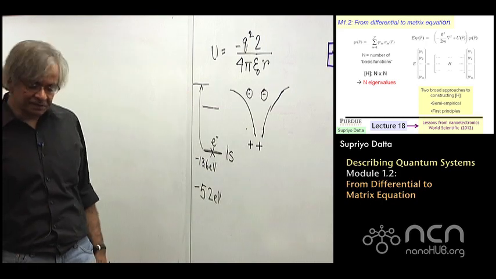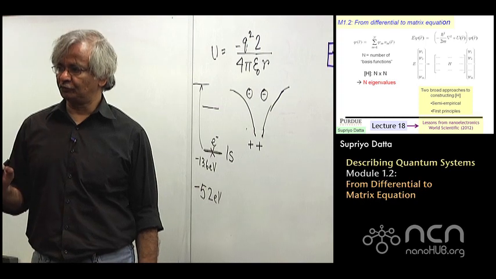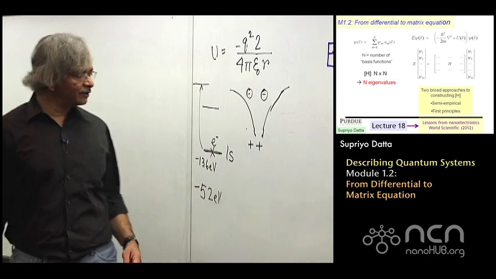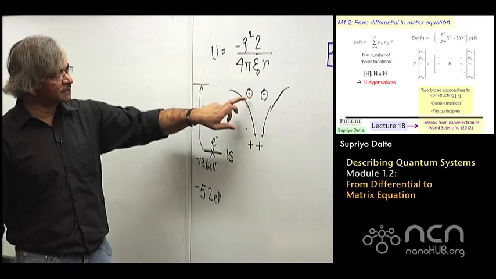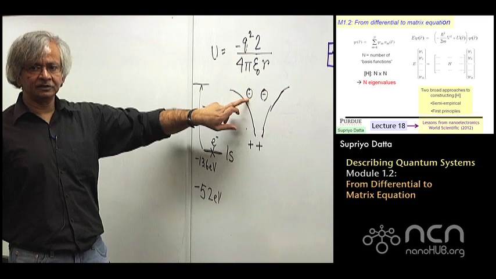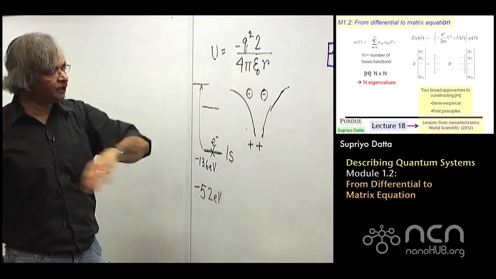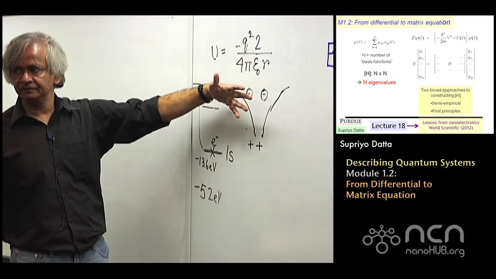But the fact is, experimentally, it takes only photons with an energy of about 25 electron volts, not 50. Why is that? Well, because one electron feels a repulsive potential due to the other one. So the other one is sort of helping push it out somewhat. So you really don't need 50 volt photons to knock it out. You only need 25 volt photons.